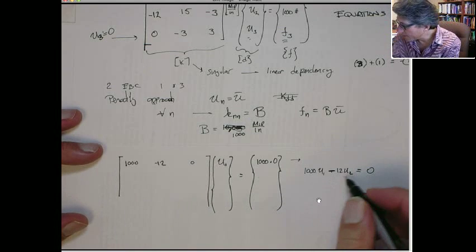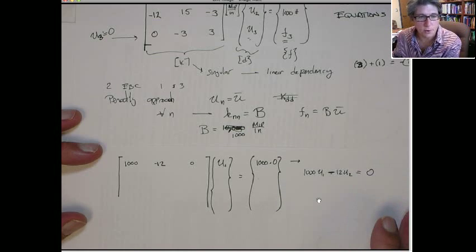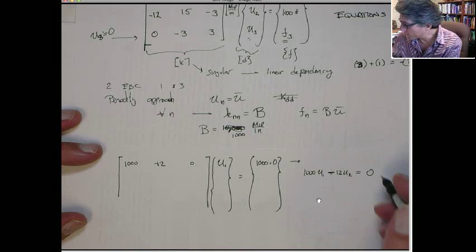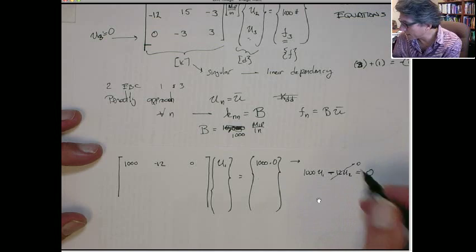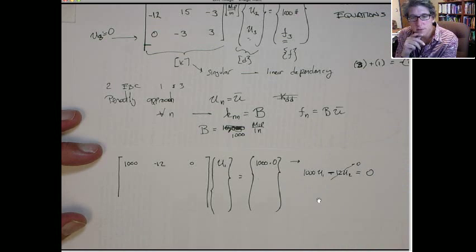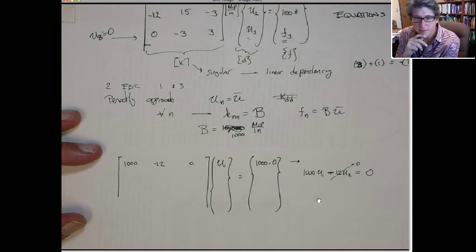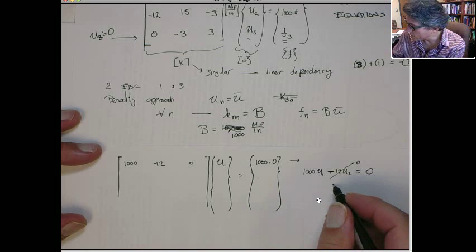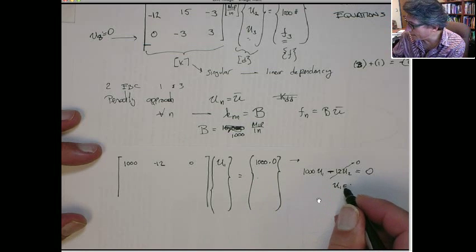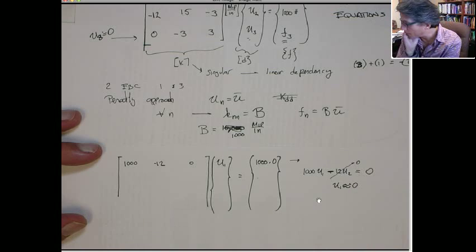And so what you can see here is the displacements are about on the same order of magnitude for most problems. So this term is basically 0 in that equation. It's very small. And now you're just left with u1 nominally equal to 0.